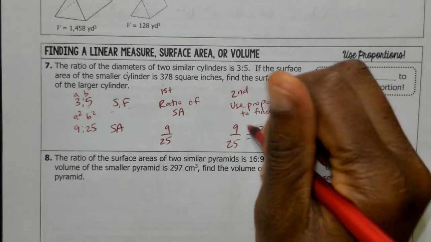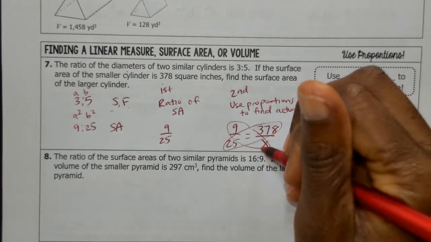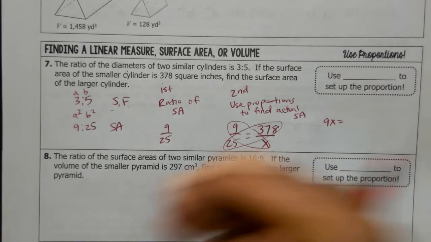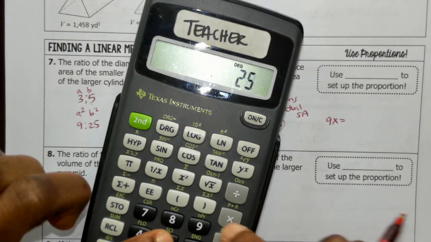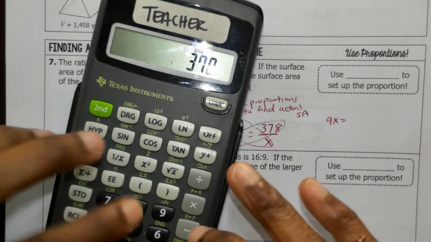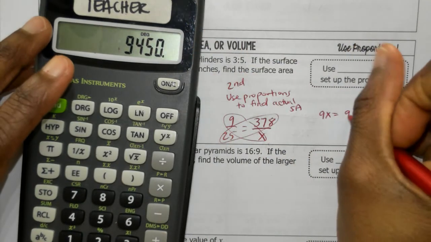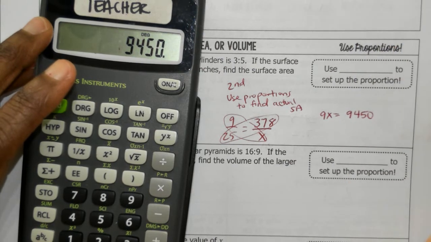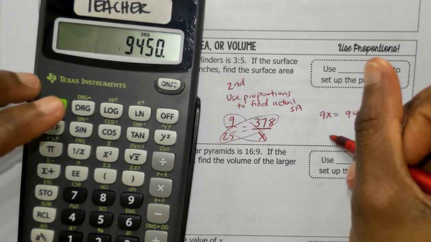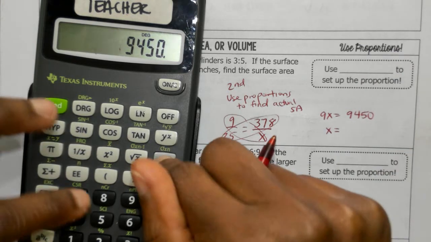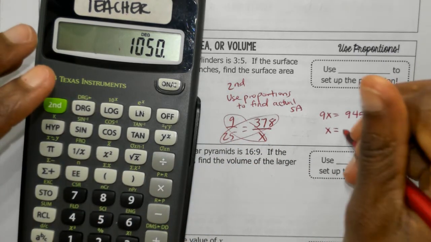Okay, at this point we're just cross multiplying to solve. So 9 times x is 9x. 25 times 378 is 9,450. And now we're solving like a regular algebra problem. So x is equal to, dividing both sides by 9, 1050.